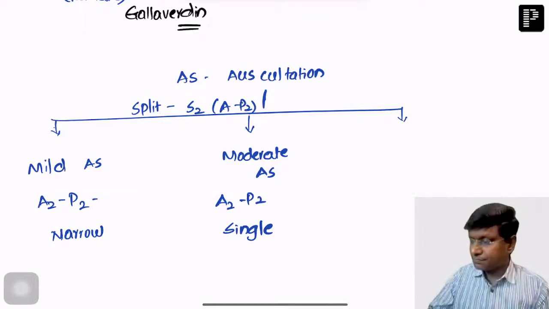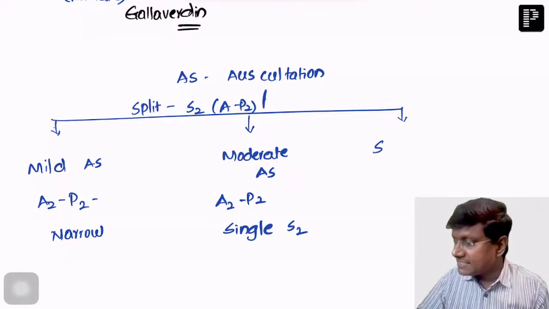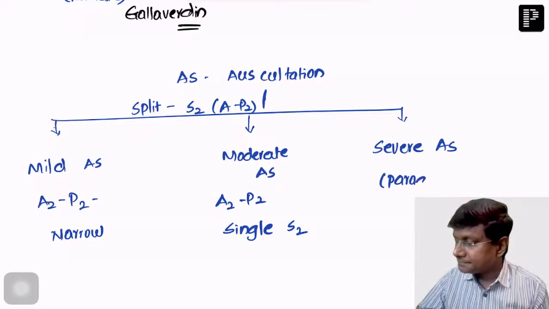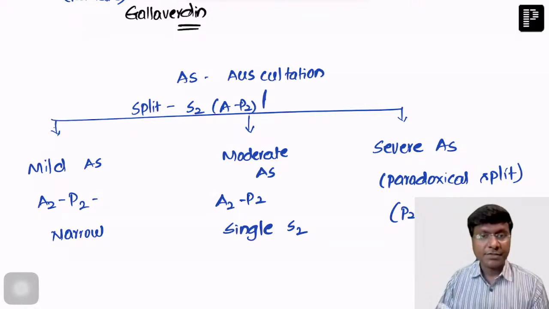You'll have a single S2. Whereas in severe AS, you'll have the paradoxical split, where P2 followed by A2 will be there. So this is the auscultation in case of AS, the A2, P2 split in the second heart sound.